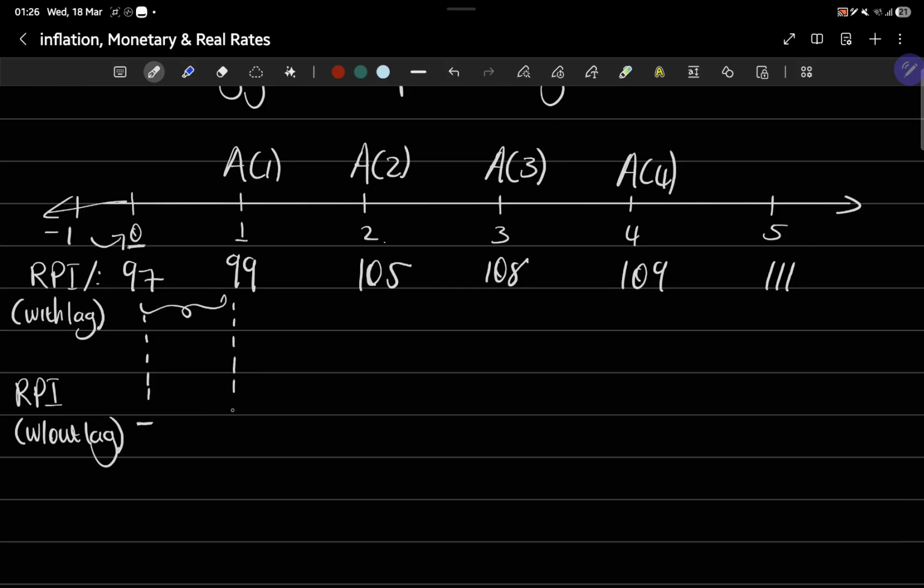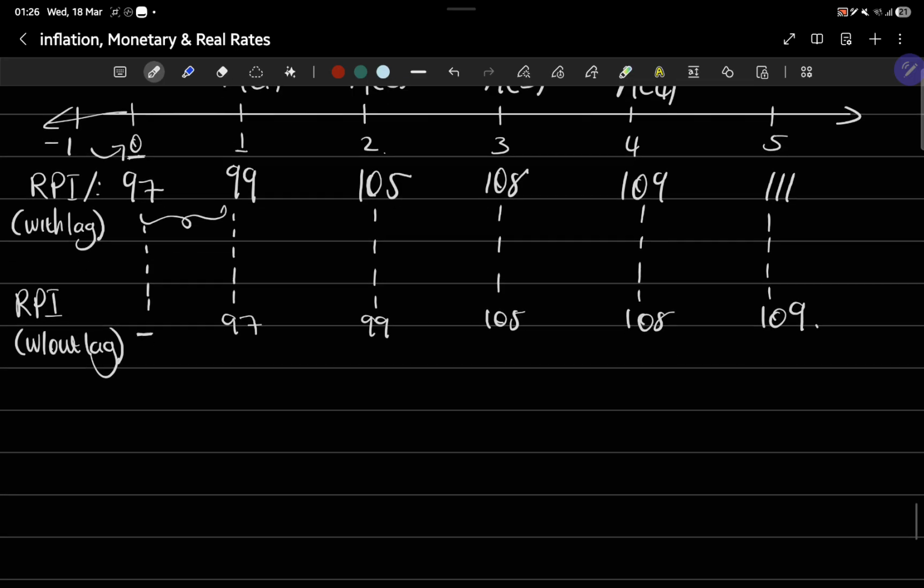Here you'd have 97. Here you'd have 99. Here we'd have 105. Here you'd have 108, 109. Okay, so these interesting complications are what makes FinMath fun, I would like to say.